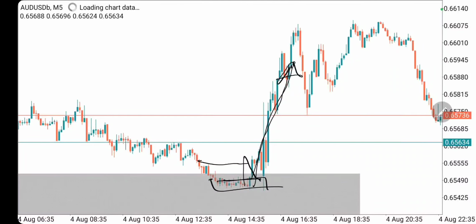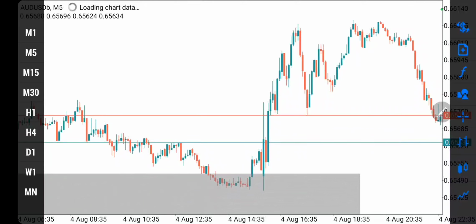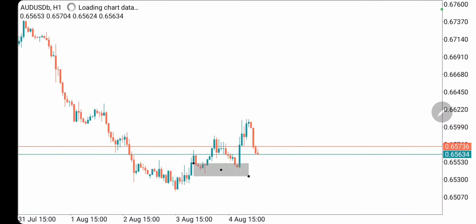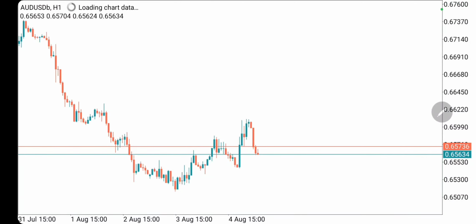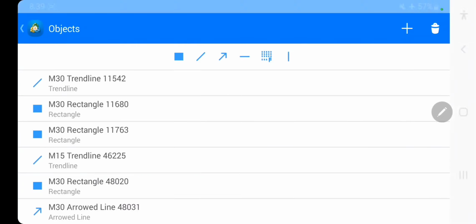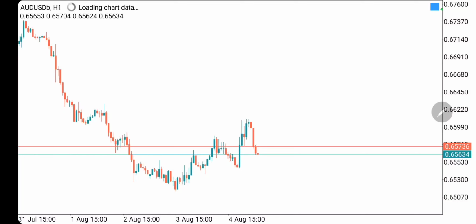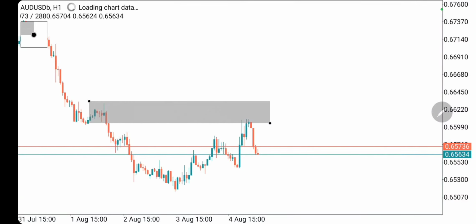Now I want to show you a sell scenario of this same principle, since I just showed you a buy scenario. For a sell scenario, we have this.